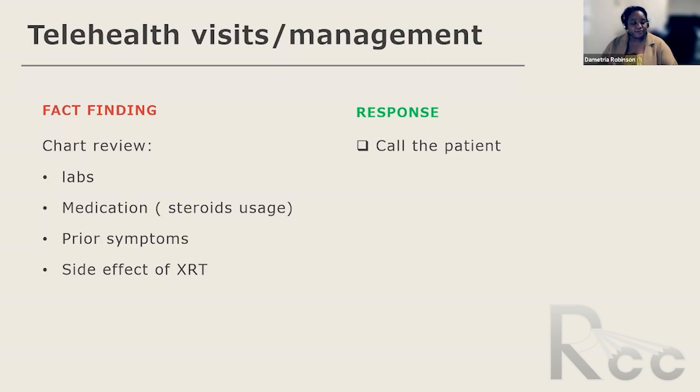But then you also inform the provider of what is actually going on and what she's complaining about, and see if they want to advise something different for this patient. That's why this is another type of phone call that you want to make, because you want to get additional information so you can provide it to the provider, whether you're talking to the provider by phone or by a MyChart message.